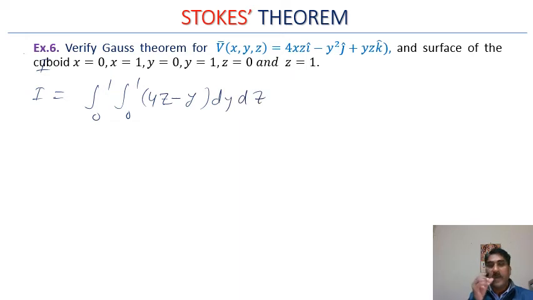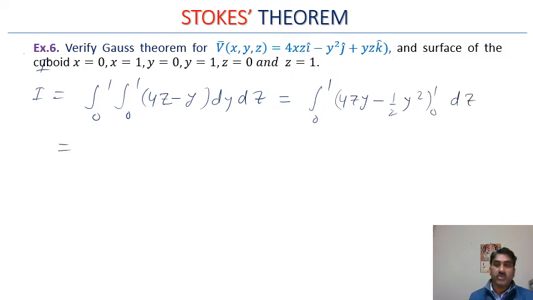And now you can integrate with respect to z or y first. Let us integrate with respect to y first. So this is 0 to 1, then 4zy minus half y square, and the limits of y are 0 to 1. The upper limit is 1, the lower limit is 0, so all the terms become 0 at the lower limit.